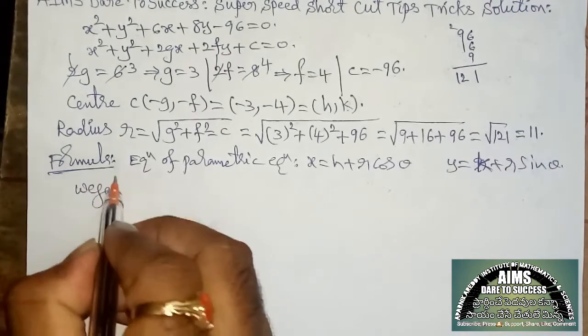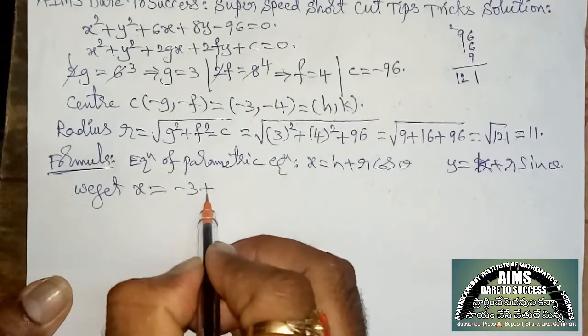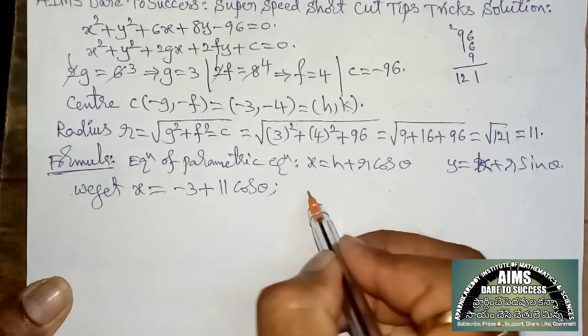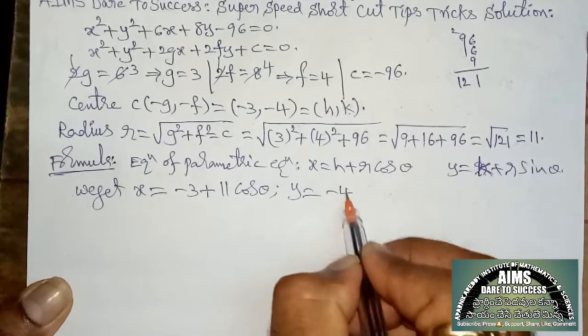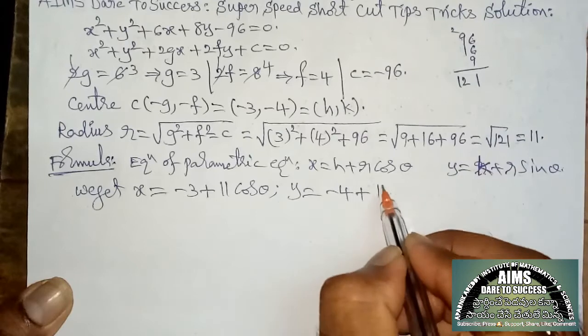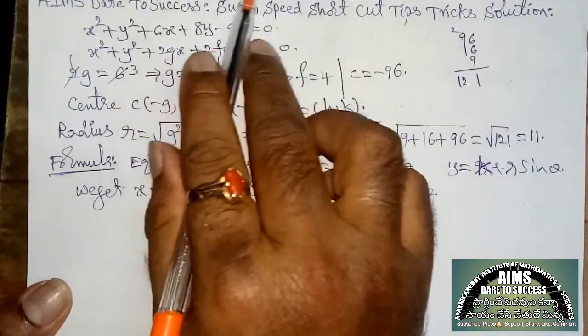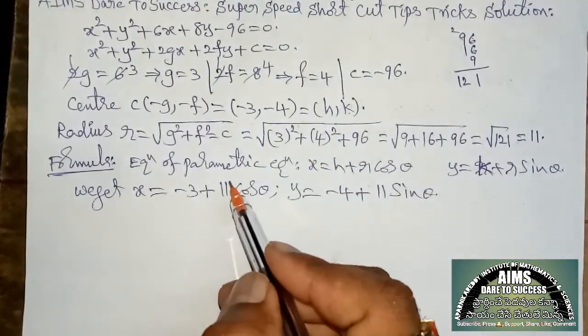We get x equal to h value minus 3 plus r value 11 cos theta. Next, y is equal to k value minus 4 plus r value 11 sin theta. This is the required parametric equation of the circle.